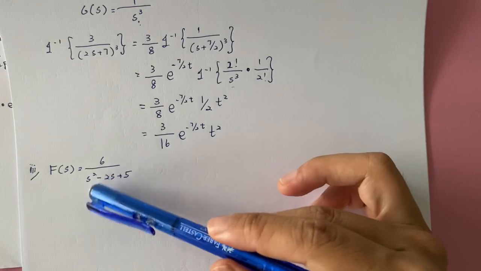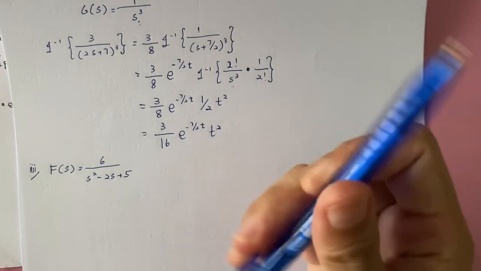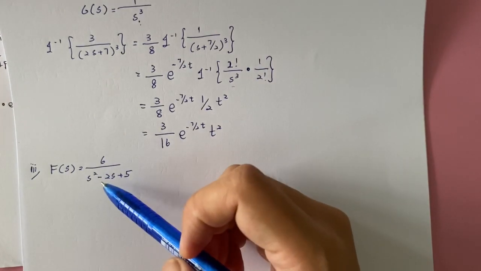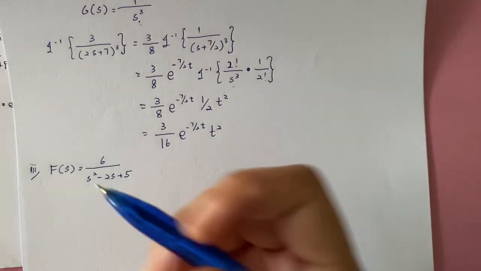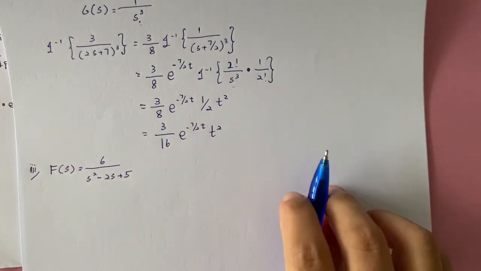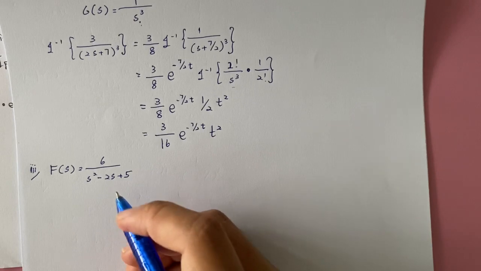You don't have any complete quadratic function, which is a s square plus bs plus 5. So for this example, what you need to do is the completing the square method for the denominator.